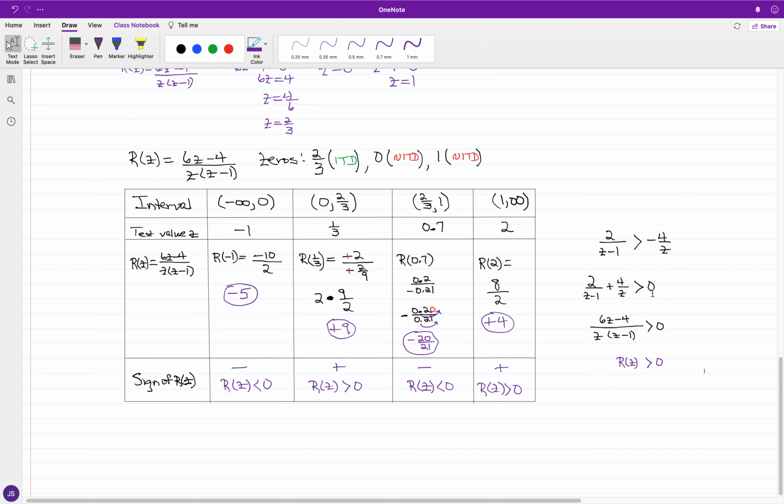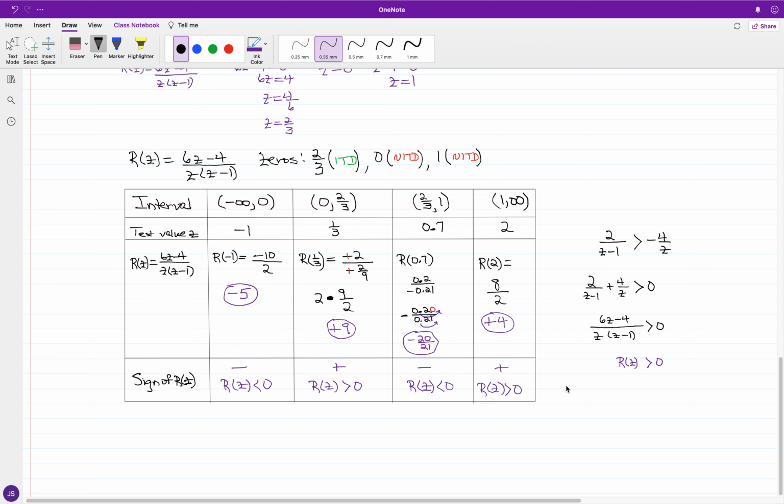We had 2 over z minus 1 is greater than -4 over z. And after consolidating the ratios and comparing to 0, this boils down to where we have r of z is greater than 0.